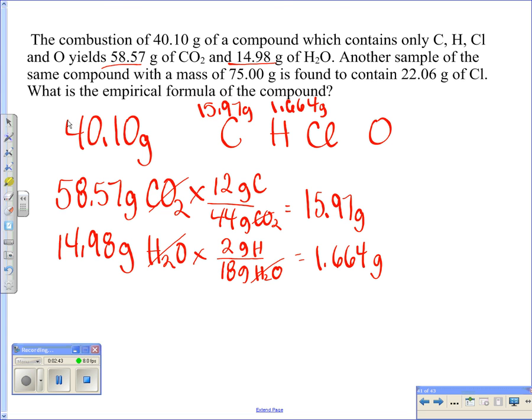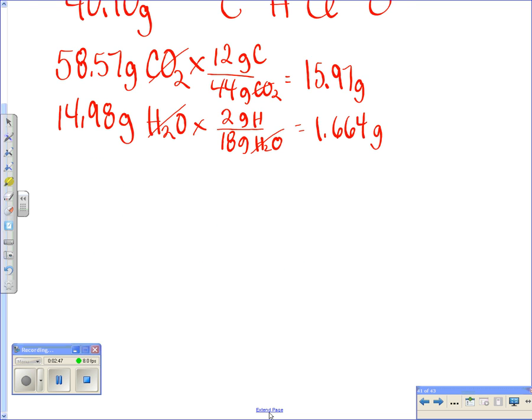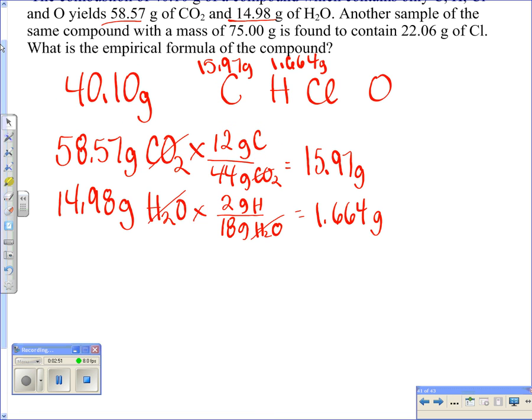So then the next piece of information they give me is that I have another sample of this compound. And it lets me know that in that sample of 75 grams of that compound, that sample has 22.06 grams of chlorine. Well, to help me out on this particular one, I need the percentage.